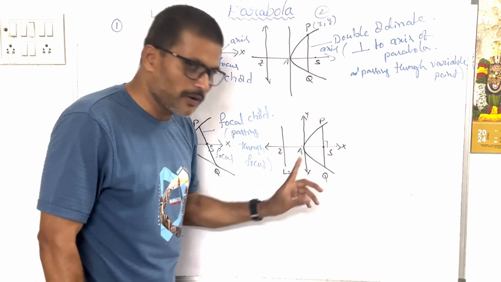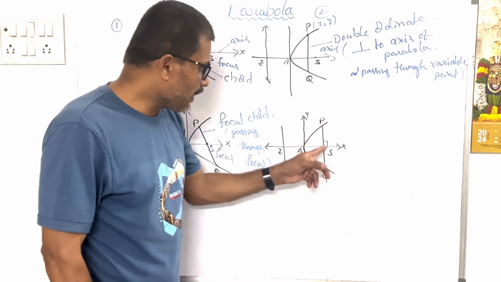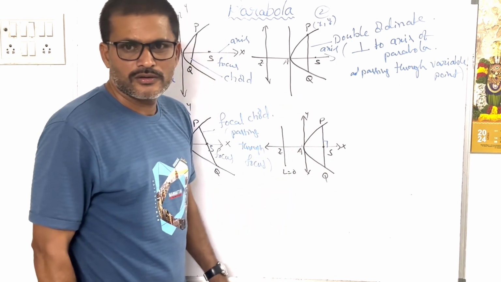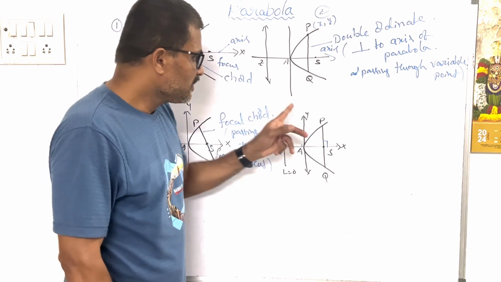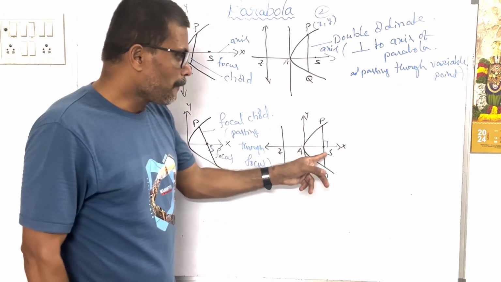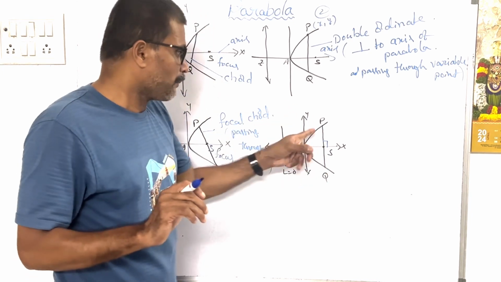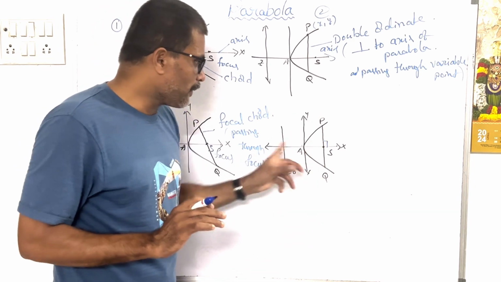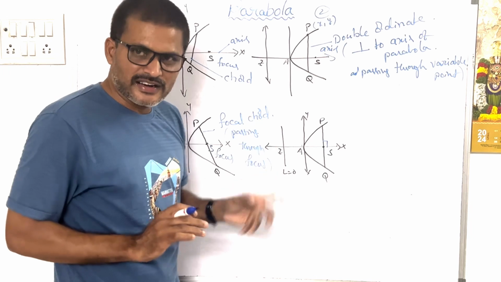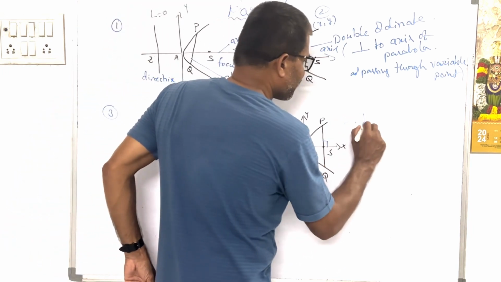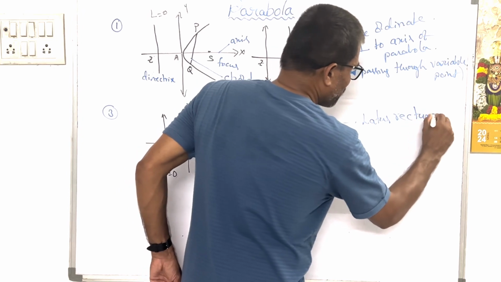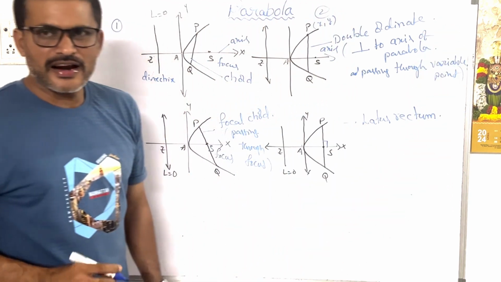Now this is also a double-ordinate. Already passing through the focus, so this is also a focal chord. And any focal chord perpendicular to the axis is called the latus rectum.